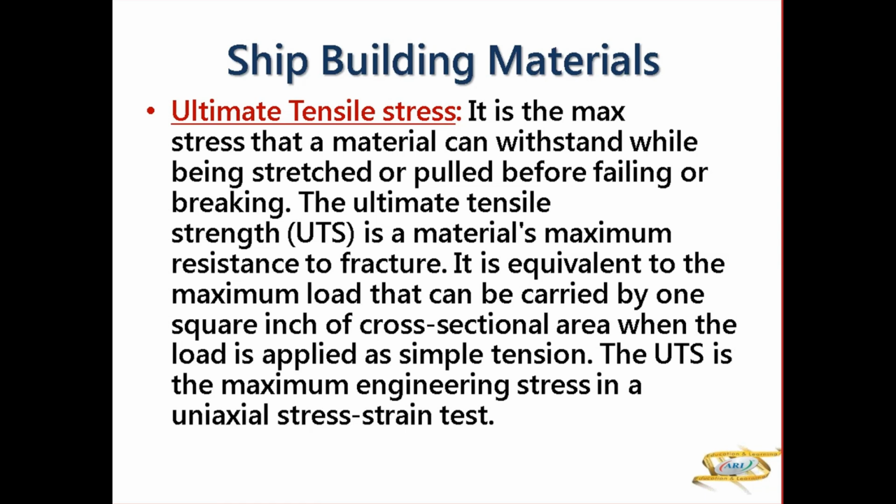It is equal to the maximum load that can be carried on 1 square inch of cross-sectional area when a load is applied as simple tension. It can also be defined from the uniaxial stress strain test, as the maximum engineering stress.